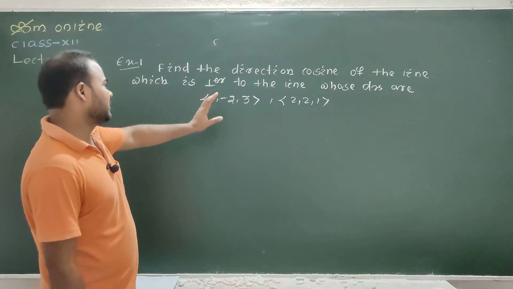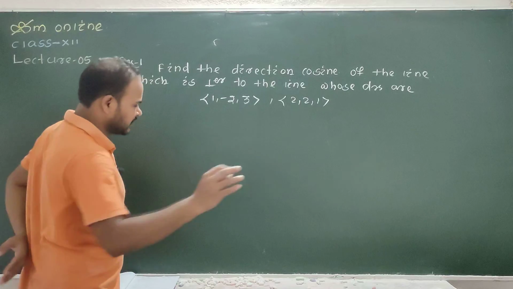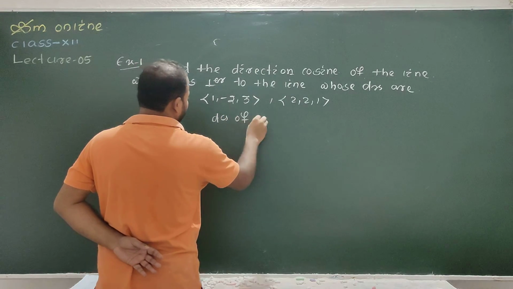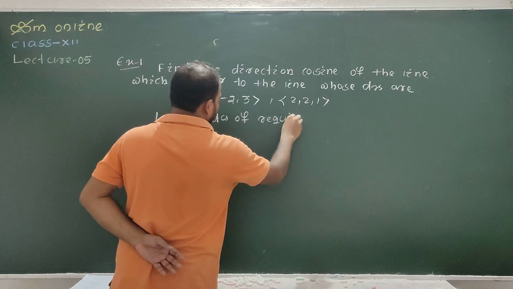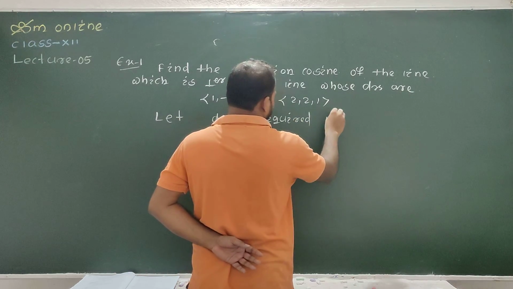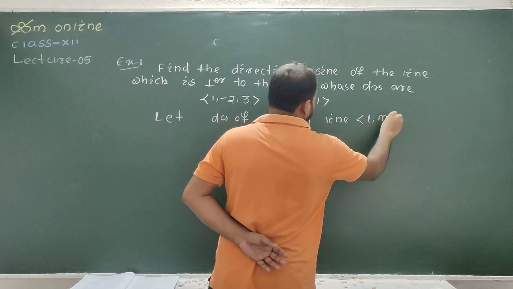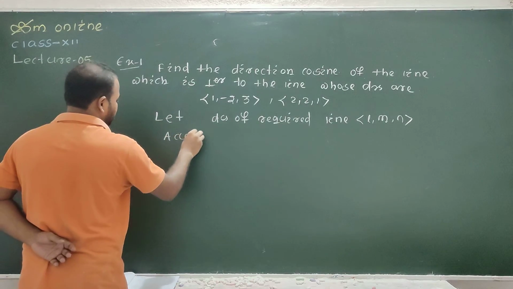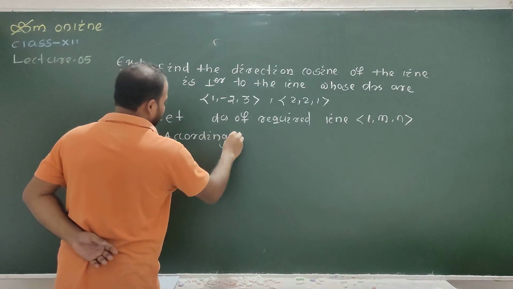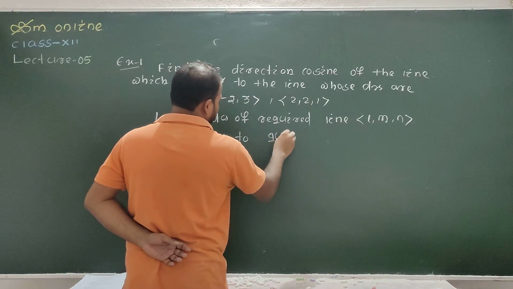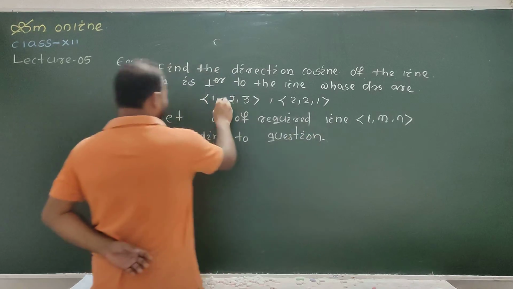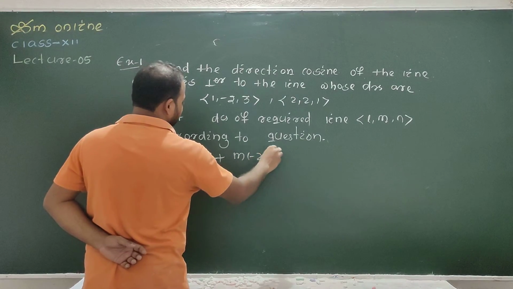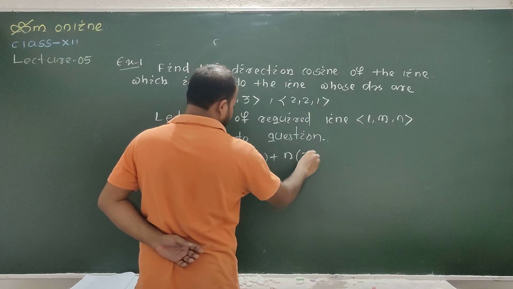Let the DCS of the required line be L, M, N. According to the question, L into 1 plus M into minus 2 plus N into 3 equals 0.